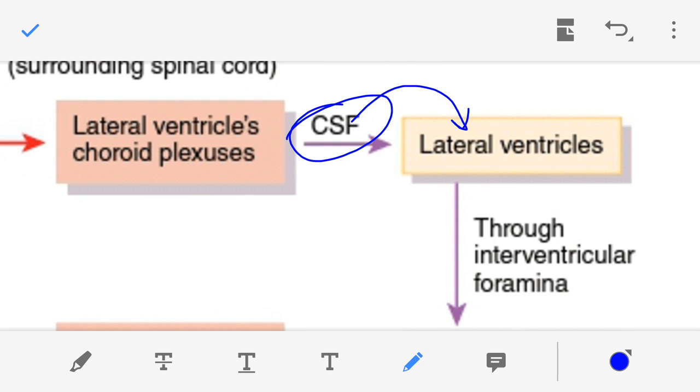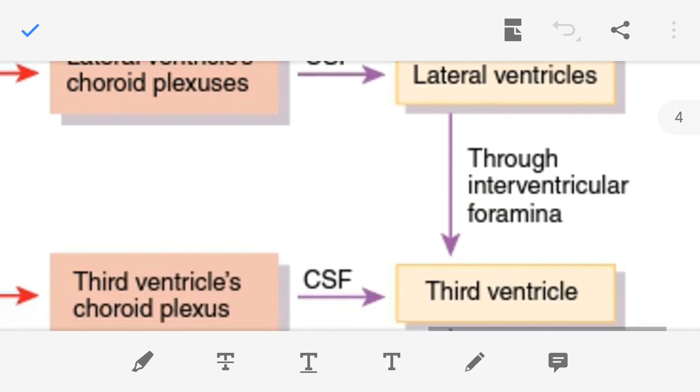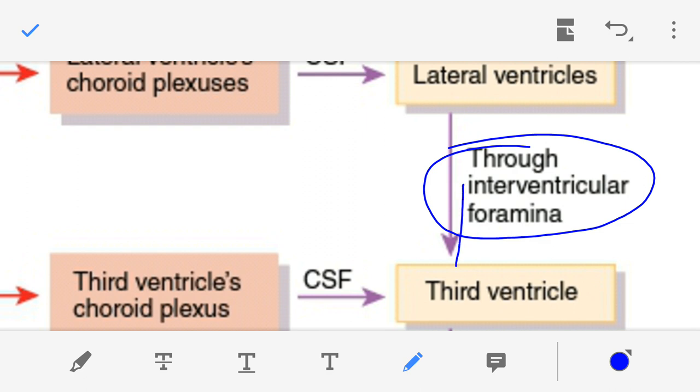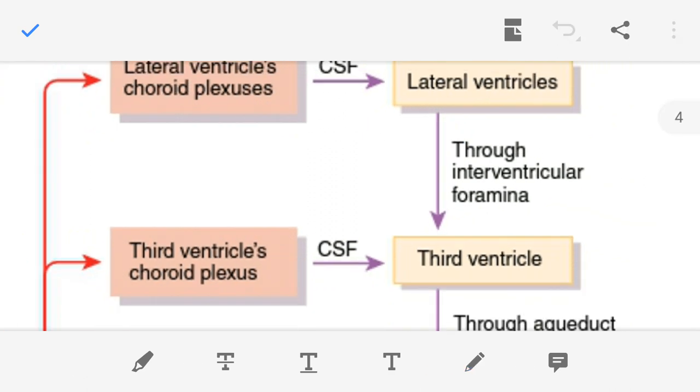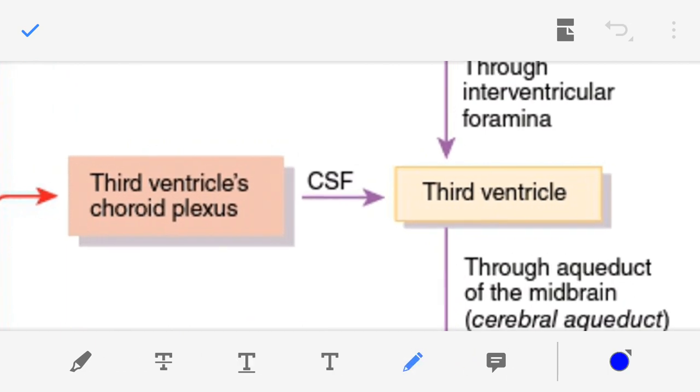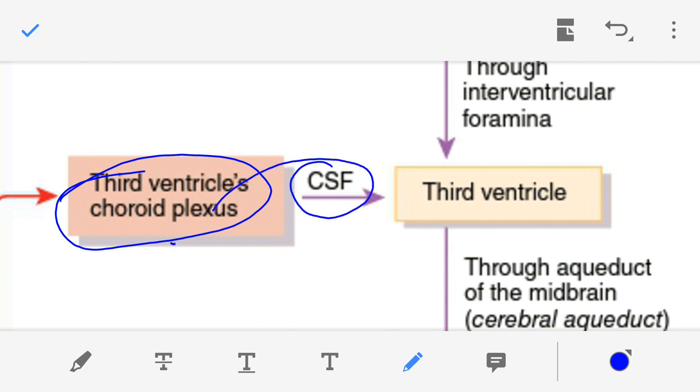Now from the lateral ventricle, through the interventricular foramina, this CSF enters into the third ventricle. Now arterial blood reaches the third ventricle's choroid plexus, so the third ventricle's choroid plexus also produces CSF. This CSF is also entering the third ventricle.